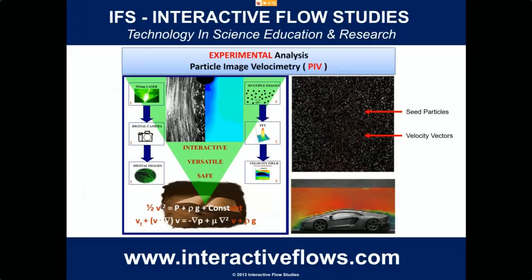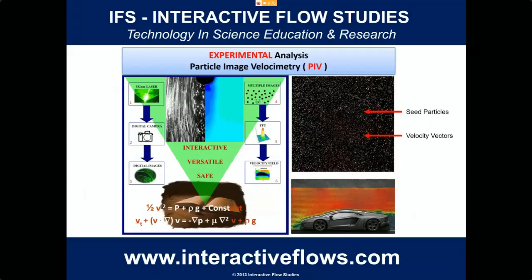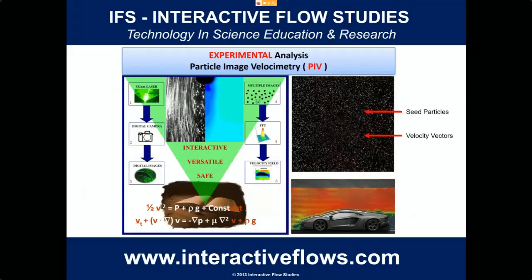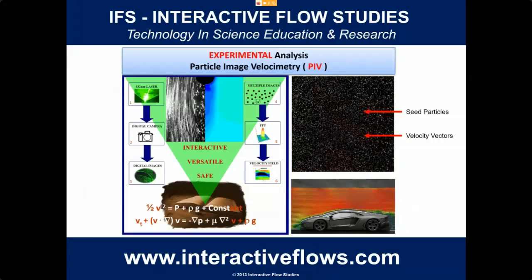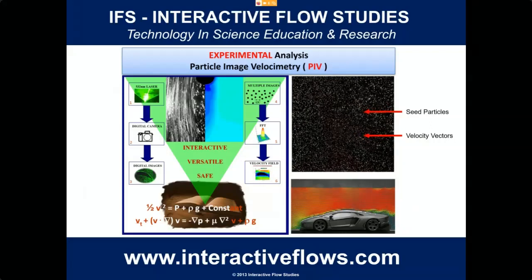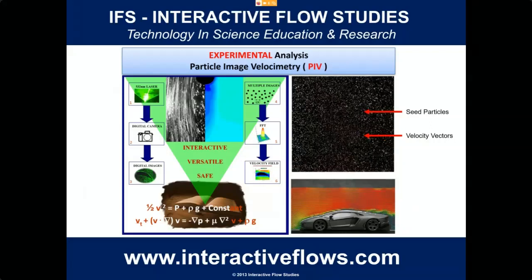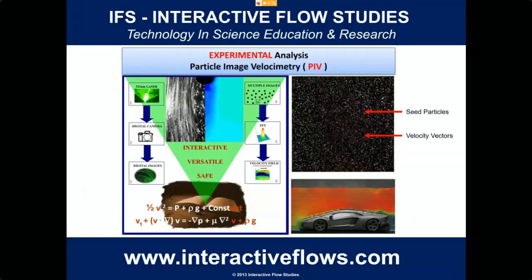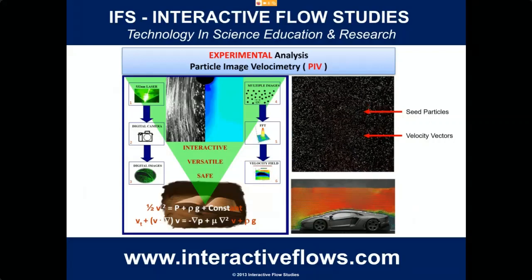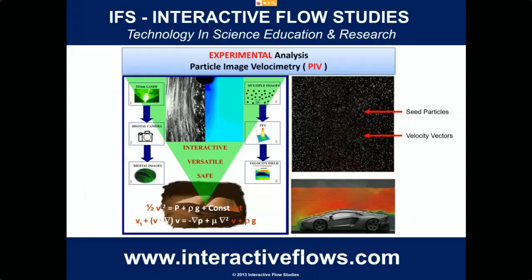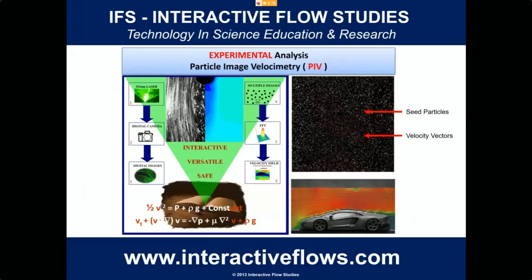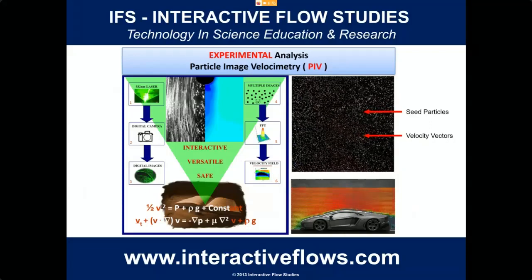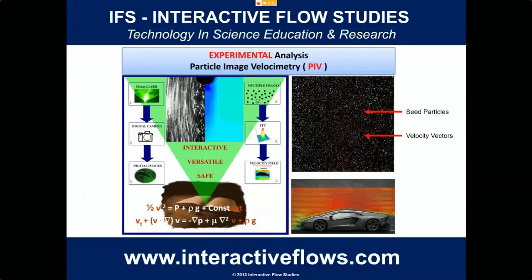And these particles are illuminated using light in the form of LED or laser. And a digital camera is synchronized with the illumination, so it captures sharp images. So you can see those particles on the right-hand side moving there for you. And those are multiple images taken consecutively and analyzed.